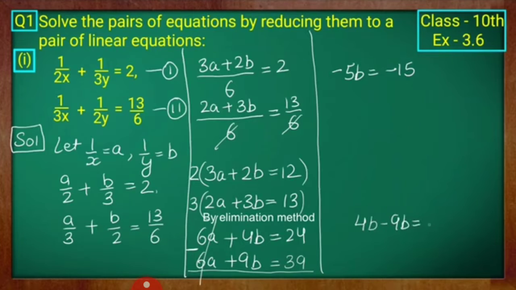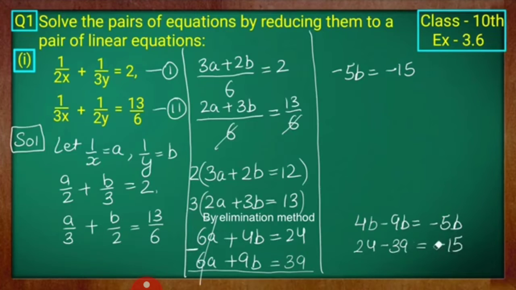You can see here 4b minus 9b is equal to minus 5b, and 24 minus 39 can be simplified like that.